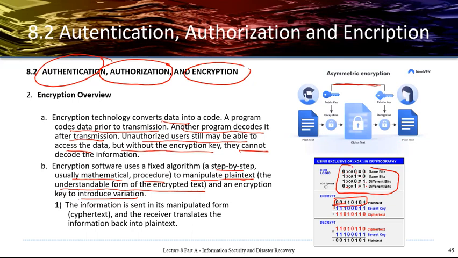On the receiver side, he will decrypt this ciphertext that he received. So in between, when this ciphertext goes, anyone can capture that ciphertext, but they can't get the original plain text message.